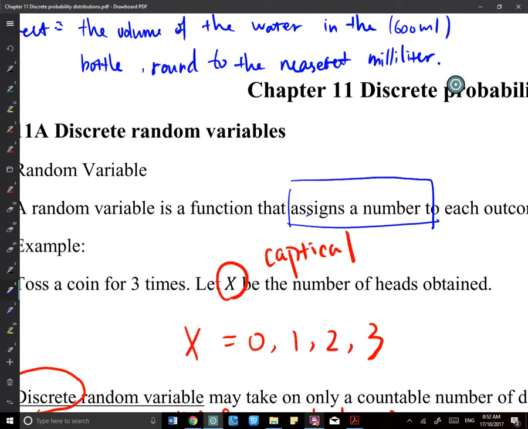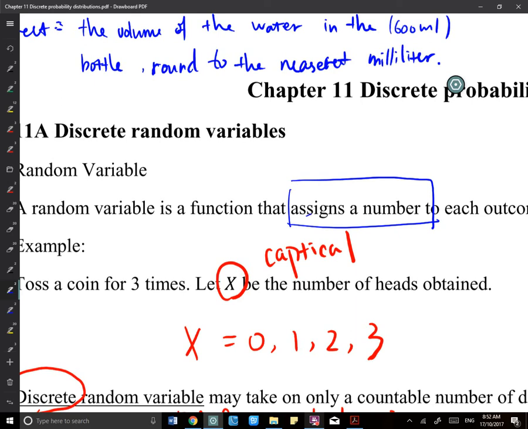There are 601 values. So if I round it, I'm not going to take those complex values with a lot of decimals. I will only take values rounded to the nearest milliliter. So the x I read is only 0, 1, 2, 3, 4 until 600. Therefore, this becomes a discrete random variable. It becomes countable.